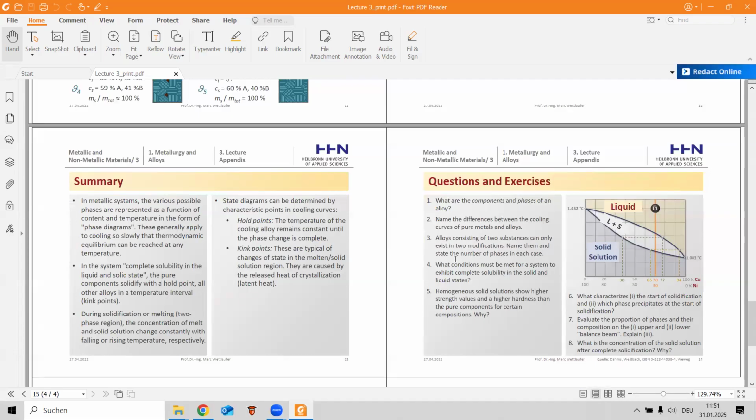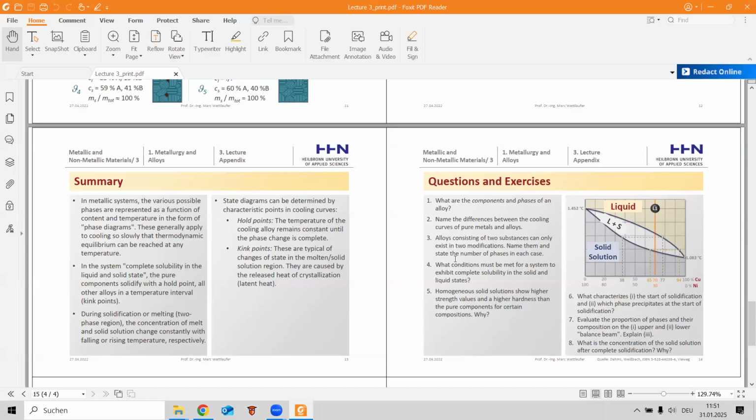In the system with complete solubility in the liquid and solid state, both components solidify with the hold point of the other alloys in the temperature interval. During solidification or melting in the phase region, the concentration of the melted solution changes constantly with falling or rising temperature respectively. And state diagrams can be determined by characteristic points on cooling curves.